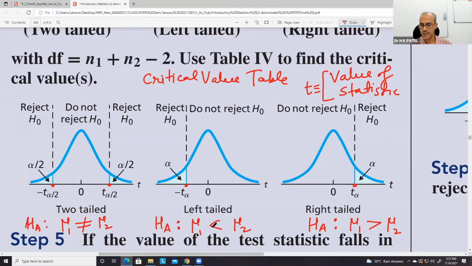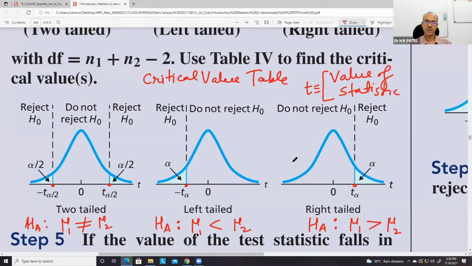Similarly, if it is either left-tailed or right-tailed, which are called one-sided hypothesis case, in this case, you can see that if T lies here, that is greater than minus T alpha, we accept H0. Here, if T is less than T alpha, we accept H0.